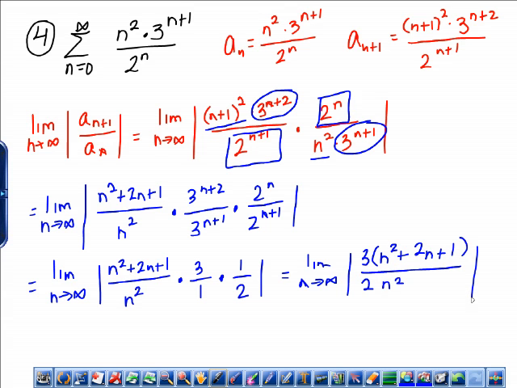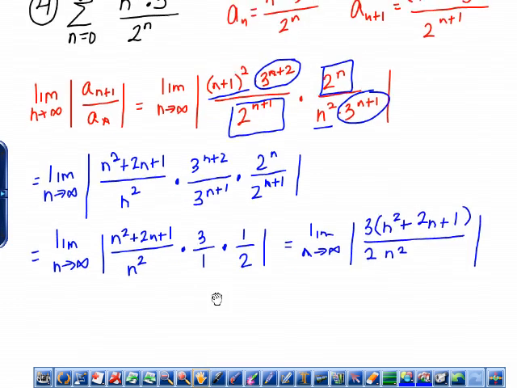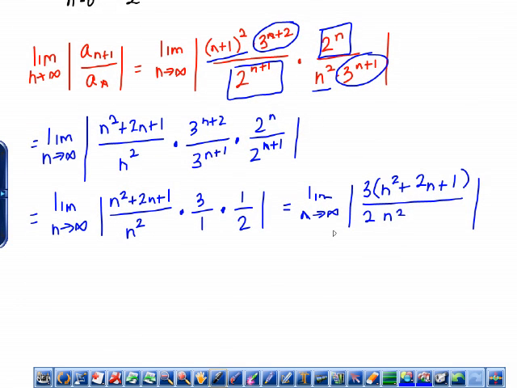Now, if you remember about these problems where you had the same degree in the numerator and denominator, and you were taking the infinite limit, we could divide everything by n squared, or you could just remember that this is the horizontal asymptote of the leading coefficients, which is 3/2.